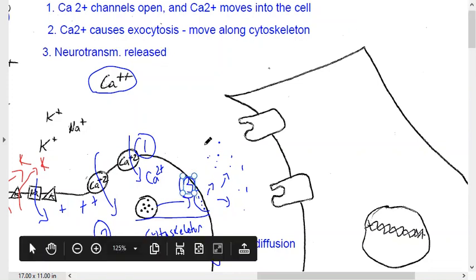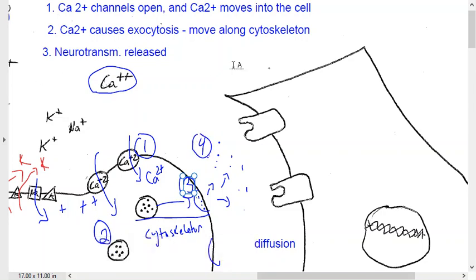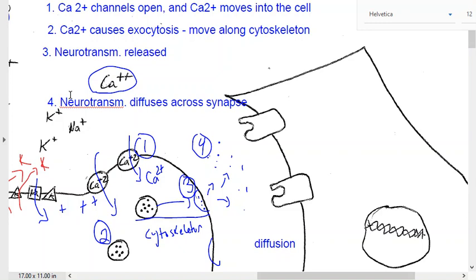So that was step 3. And then step 4 is that the neurotransmitter diffuses across the synapse. All right.